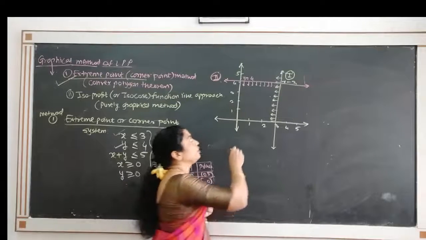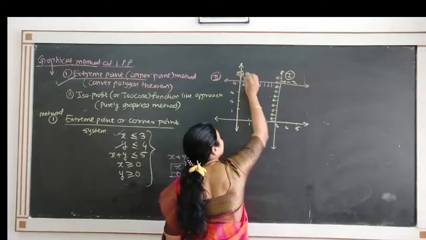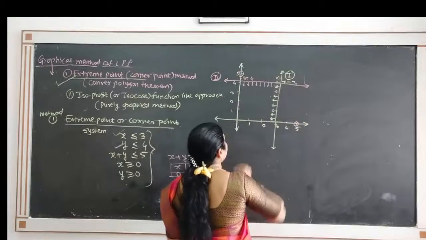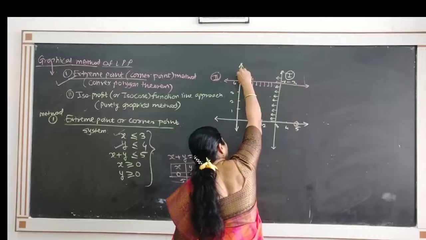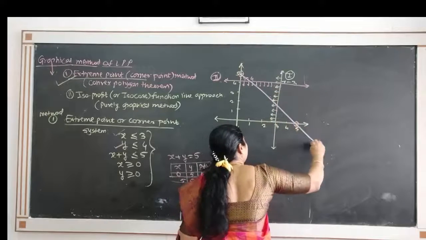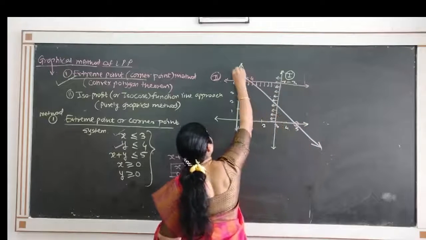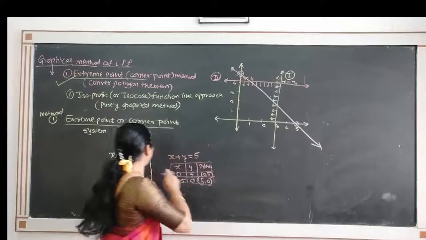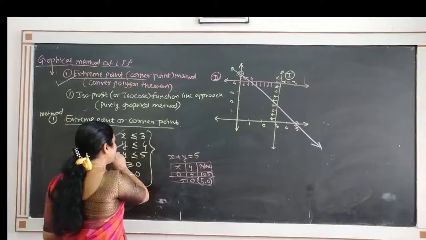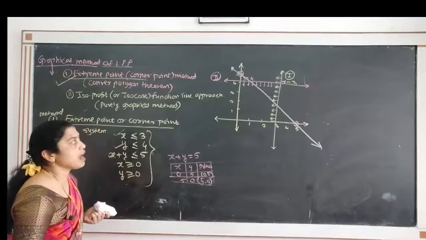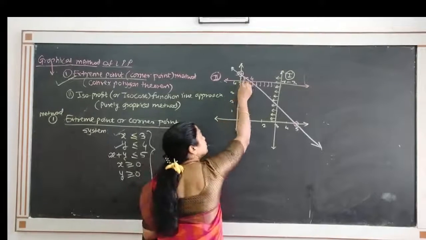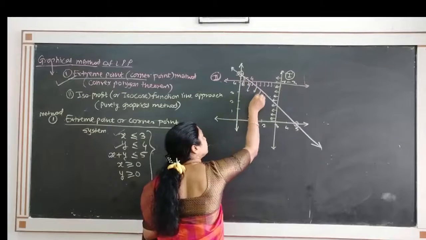So we plot the line. Again, which region is required? If you put 0, 0, 0 is less than 5, so the origin satisfies that, which means we want the origin side, and therefore we have this region towards the origin.